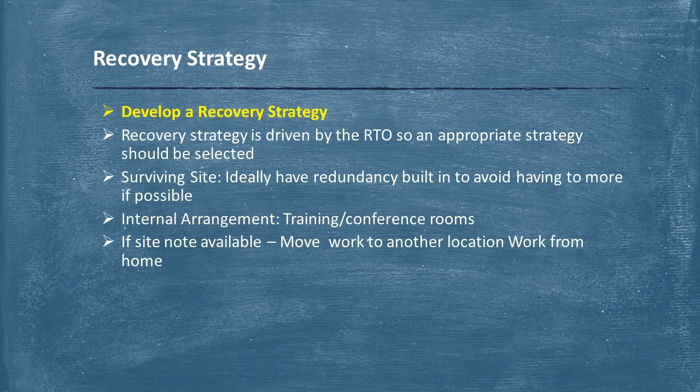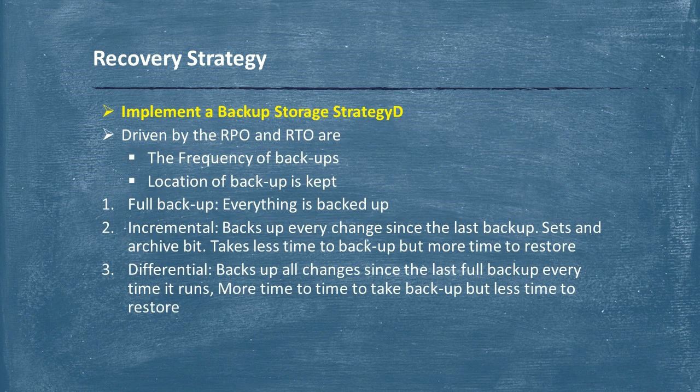Mainly recovery is only after a major disaster. But recovery even from a simple incident is also possible. But we are discussing here a major disaster. After a major disaster, how do we recover?